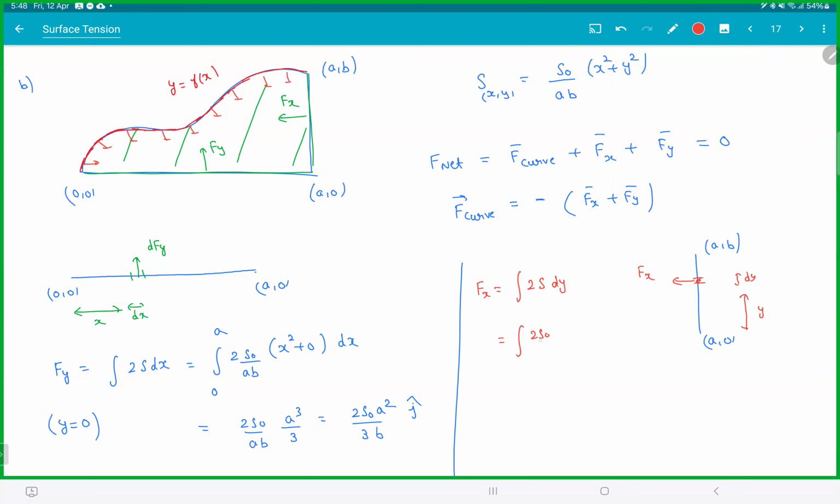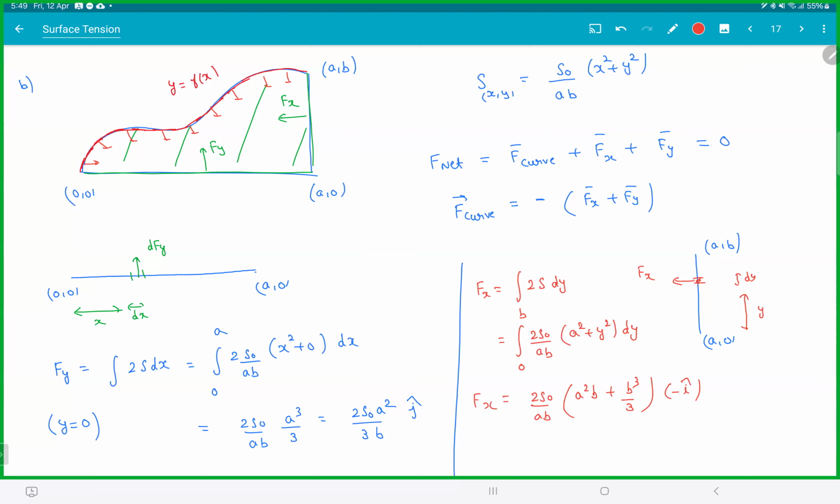This would be 2s0 by ab. Now remember, on this line, the x coordinate is constant. So this would be a square plus y square into dy. The y value will go from 0 to b. This would be 2s0 by ab, that would be a square b plus b cubed by 3. This would be minus I cap.